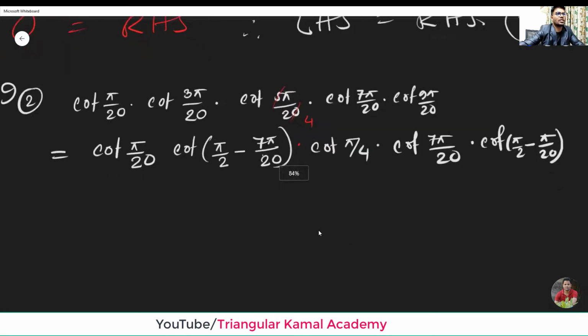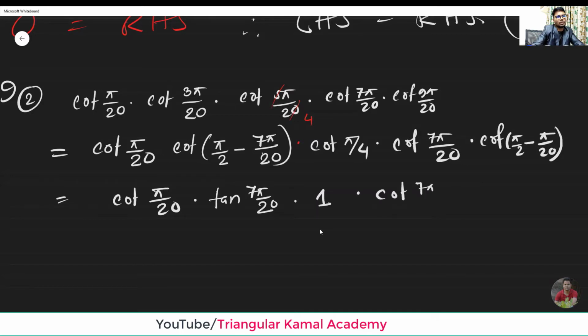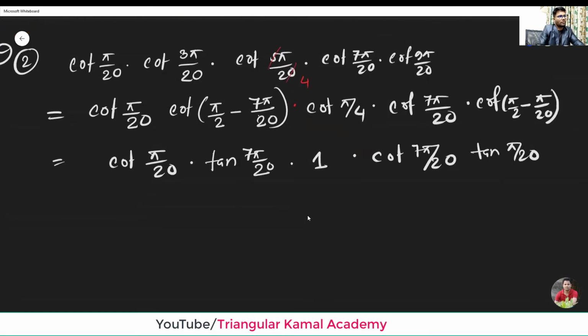Easily we can convert this one. So write here this is cot pi by 20. This is 10, first quadrant, 90 odd times, 7 pi by 20. Here this is cot 7 pi by 20, here in the first quadrant, and 10 pi by 20. So now we can change to cot.